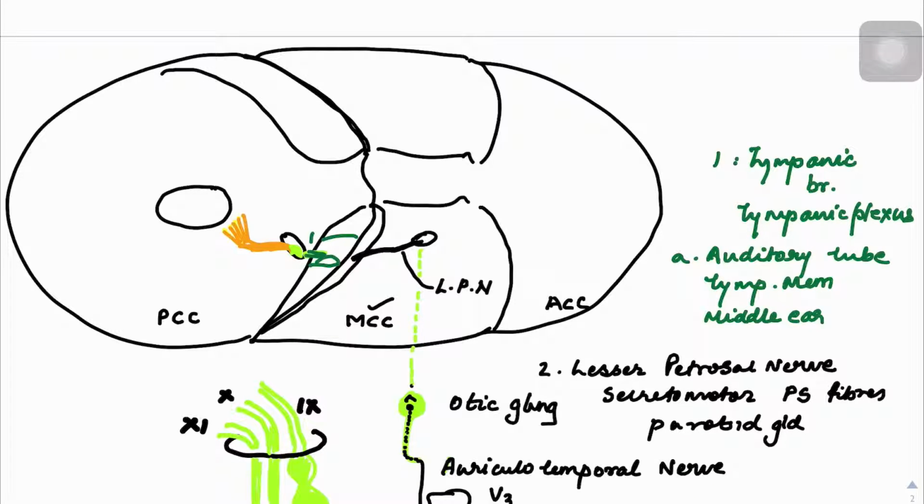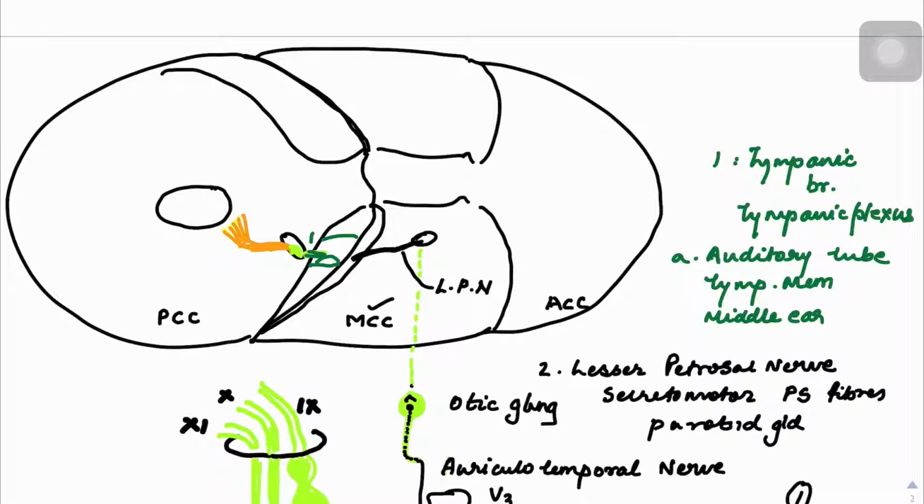In this case it is glossopharyngeal nerve. The functional component for them becomes general visceral efferent. So let us say the glossopharyngeal nerve first functional component is general visceral efferent. Okay, so this is my first component of the glossopharyngeal nerve.